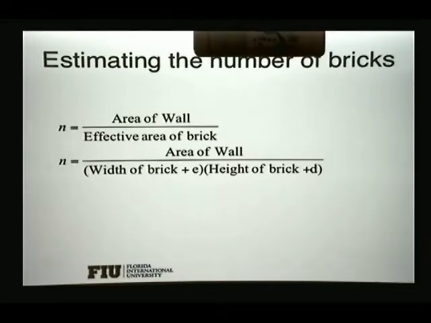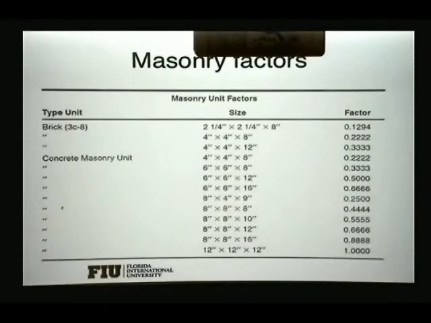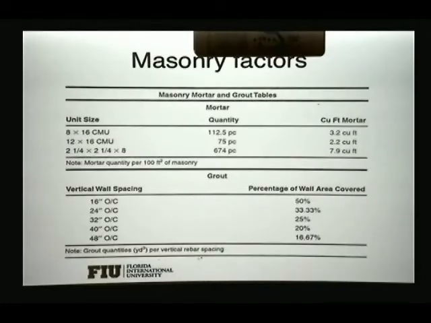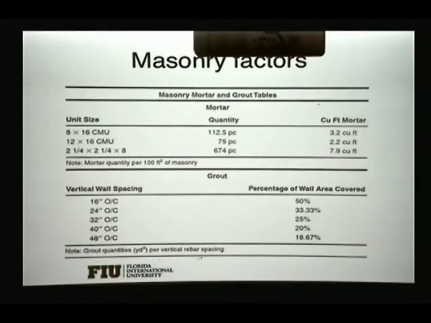So you add the width of that separation and the height of that separation, and you come up with the effective area for the block. Another way is by looking at tables. They give you a factor per square foot, so you get an idea of how many blocks you need depending on the square footage of wall.